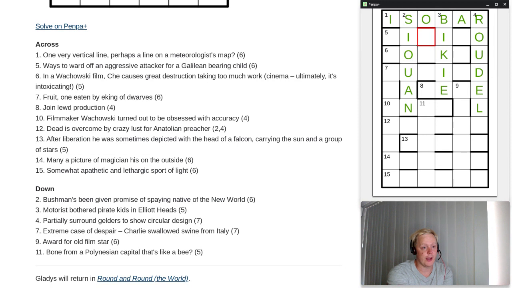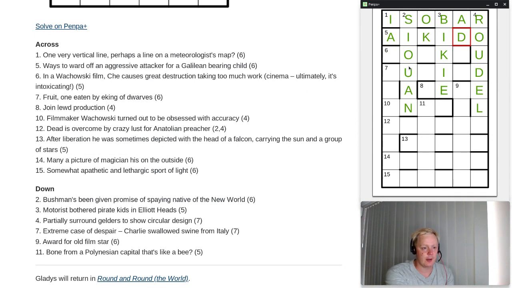And one of them is Io, I-O, moon of Jupiter. So kid inside AIO, and the A obviously is just this A here. A, then Galilean is Io, and that bears, that has inside it, kid, meaning child. And Aikido is a martial art that is ways to ward off an aggressive attacker.